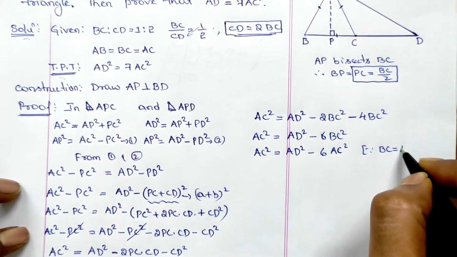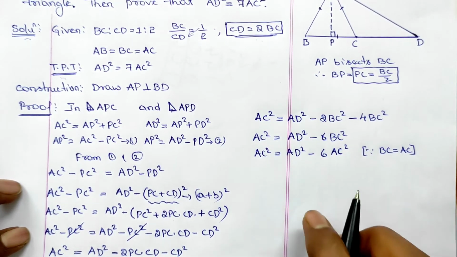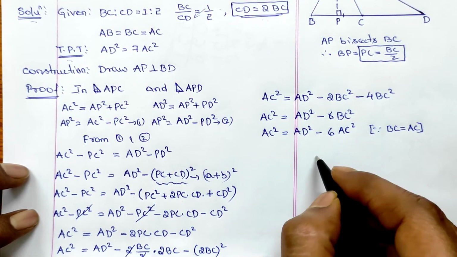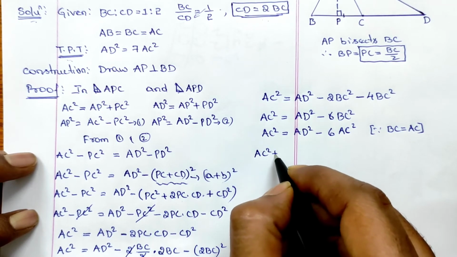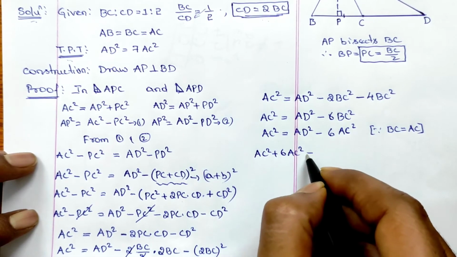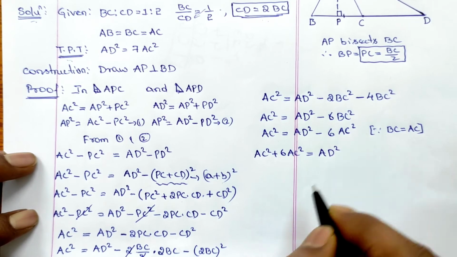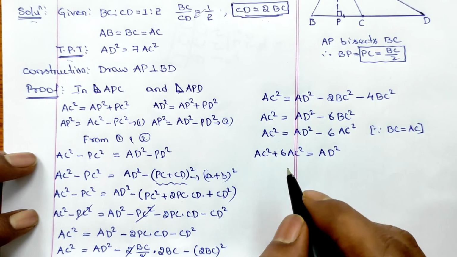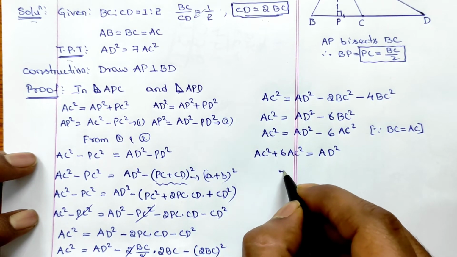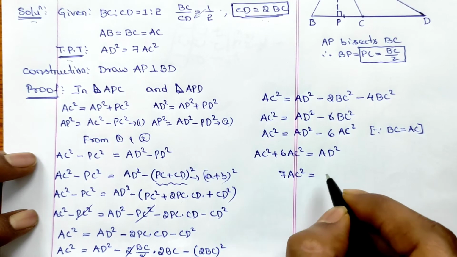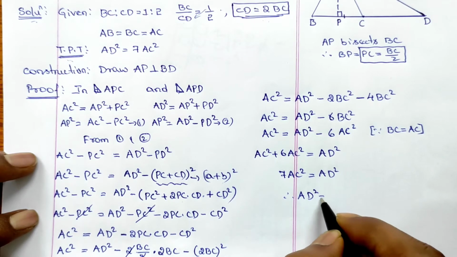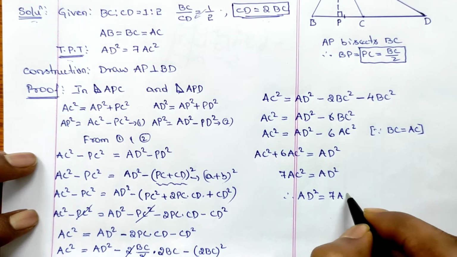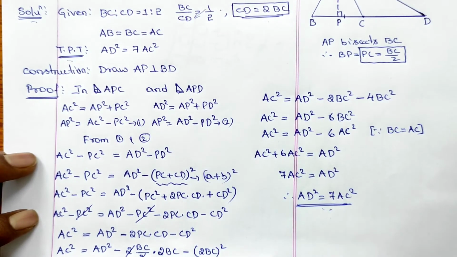So minus 6AC square is taken to the left hand side, then it becomes AC square plus 6AC square is equal to AD square. So 1AC square plus 6AC square, that is 7AC square, is equal to AD square. Therefore AD square is equal to 7AC square. This is the required result.